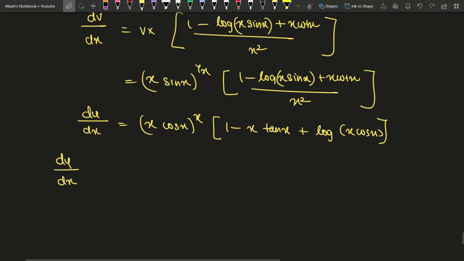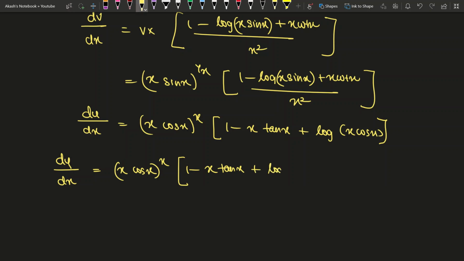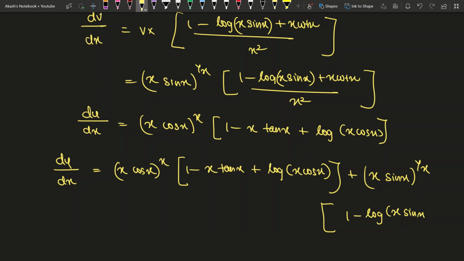Therefore, dy by dx is equal to (x cos x) whole raised to x into (1 minus x tan x plus logarithm of x cos x) plus dv by dx, which is (x sin x) whole raised to 1 by x into (1 minus logarithm of x sin x plus x cot x) divided by x square.